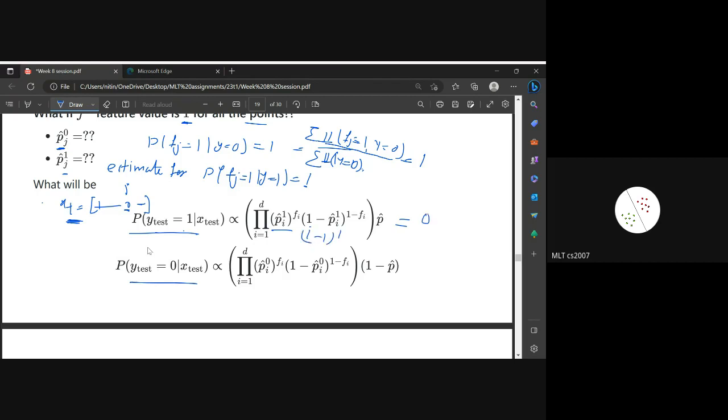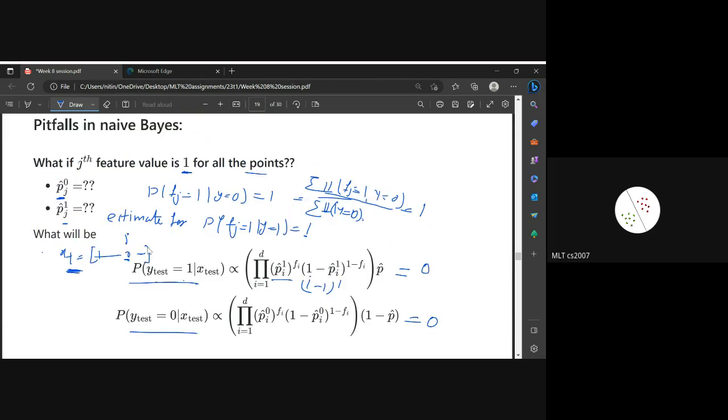So this will become 0 probability, and similarly this will become 0. So this is the pitfall in Naive Bayes. The pitfall is that if a feature takes only one type of value, or is missing some values that then appear in the test data point, Naive Bayes will fail to make predictions.